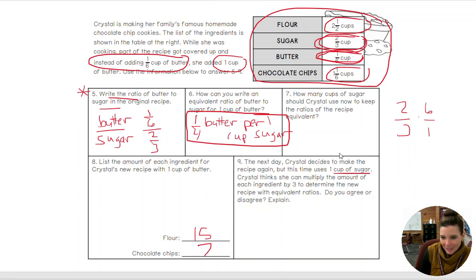Okay, well, it would be a lot better if she could just get the recipe correct, right? But she can't do this, okay? So we have to say disagree. So to go from 2/3 cup to 1 cup, you have to multiply by 3/2, which means that all of the ingredients would have to be multiplied by 3/2 in order to keep the recipe correct.